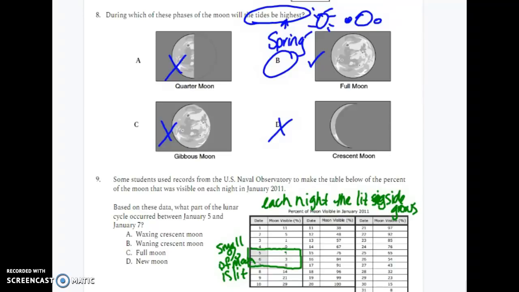So our growing moon is going to definitely be our waxing moon, and when a small percentage, less than 50%, is lit, it is going to be a crescent moon. See, oh, there we go. It's a waxing crescent. Here we got a possible answer here. Waning. Waning means it is shrinking. The lit part is definitely getting bigger right there. Full moon, that's 100% lit, and new moon is 0% lit.